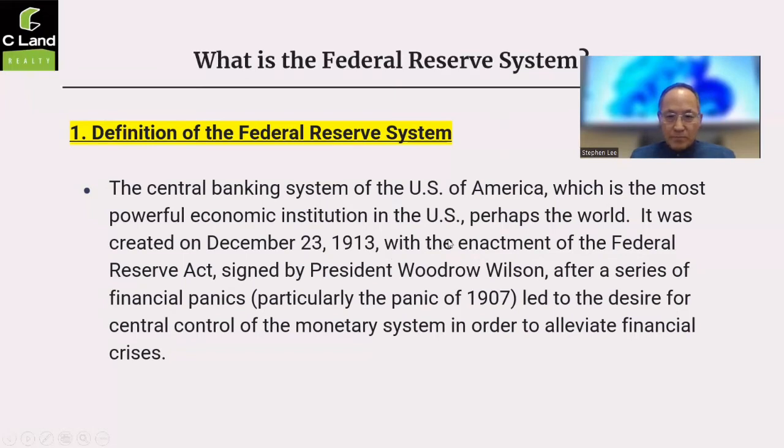So there was a law called the Federal Reserve Act in 1913, and President Woodrow Wilson signed the act. After that, it became the most powerful economic institution in the US, probably in the world. So that's the definition of the Federal Reserve System.